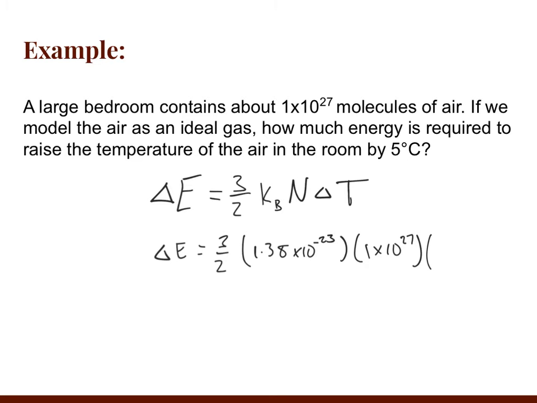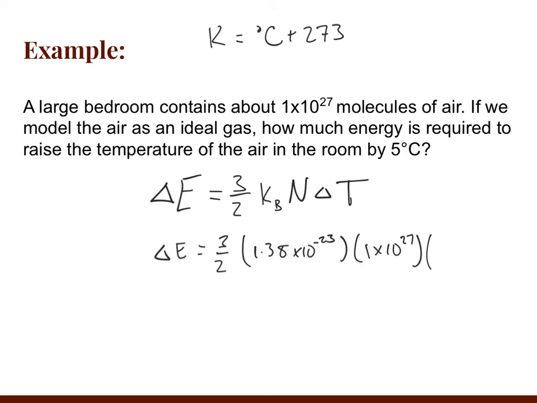You should change that to Kelvin. So a change of 5 degrees Celsius is also a change of 5 Kelvin. You can convince yourself of that using the formula for that conversion, which says Kelvin equals degrees Celsius plus 273. So a change in the Kelvin is just going to correspond to the same change as in Celsius.